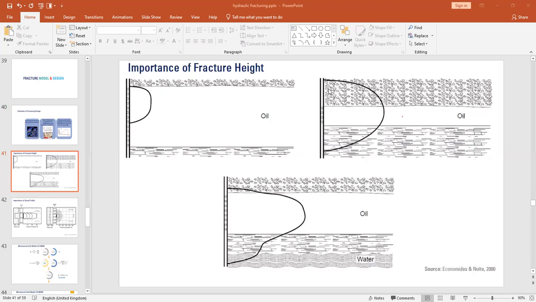If your height is too large as compared to the reservoir, you may end up fracturing zones that are not oil field zones, and probably they are water field zones, and as a result of that, you have water influx from this particular zone into the perforations. So you have to be very, very careful because you have to ensure that at the end of the day, your fracturing model gives us the best picture of what we expect to happen.